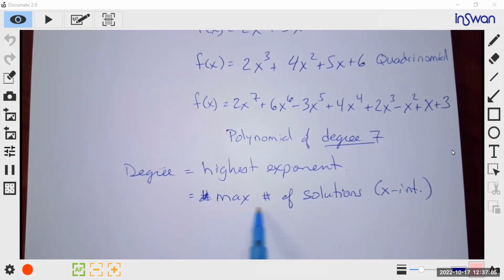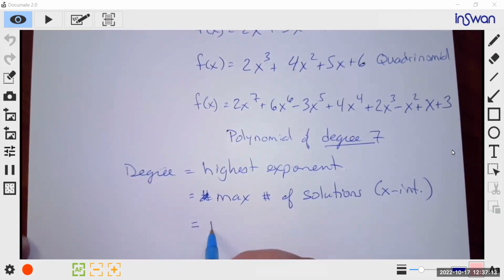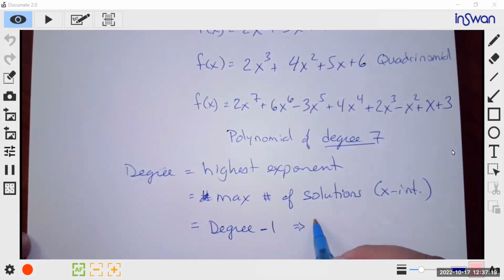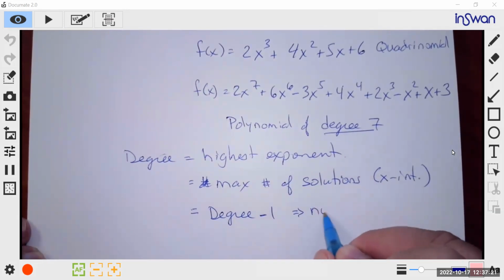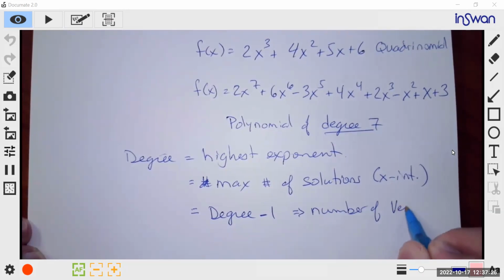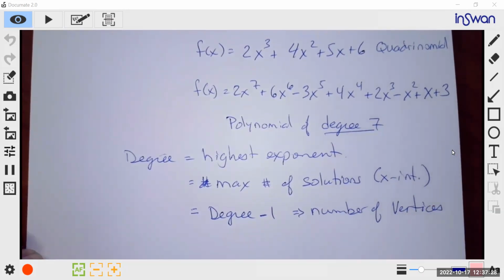So a degree tells us the maximum number of solutions. The degree minus 1 tells us the number of vertices, or high and low points.